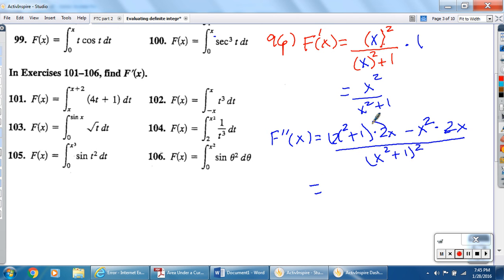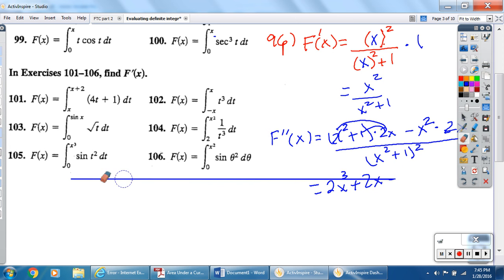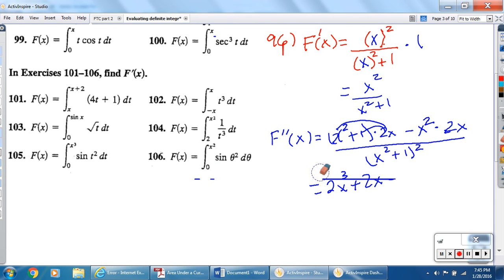Cleaning that up, when I distribute the 2x, that'll give me 2x cubed plus 2x minus, let's just do that over again.